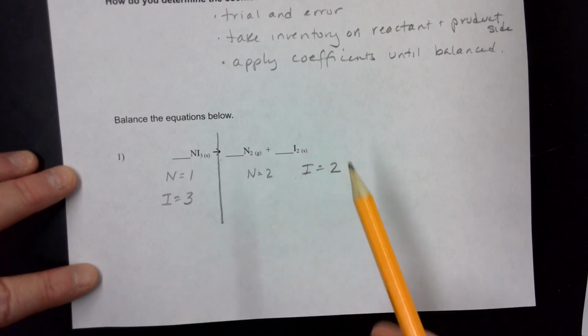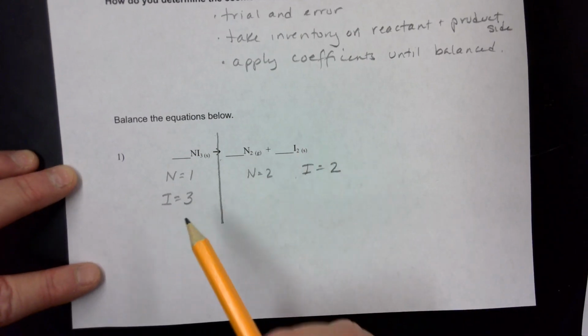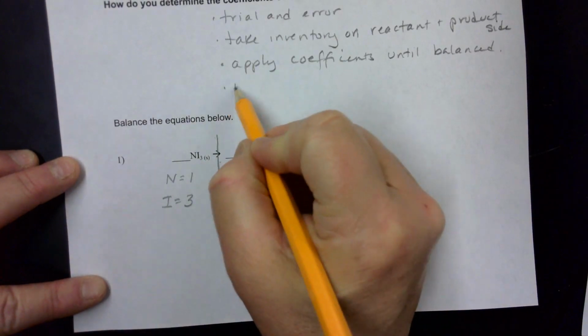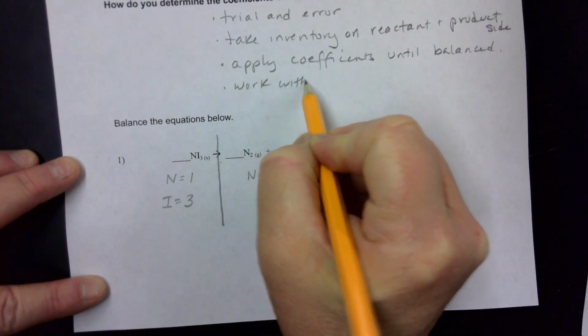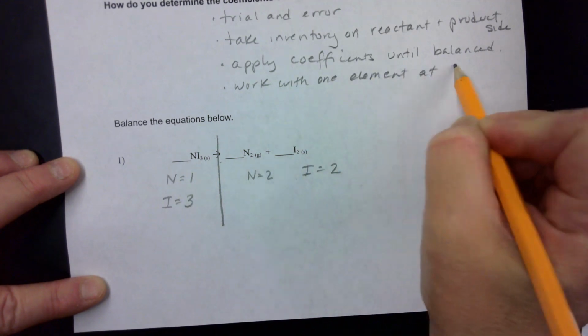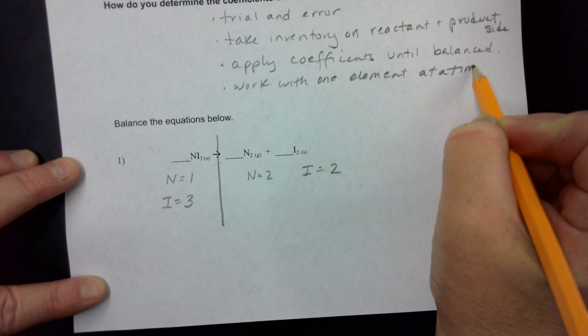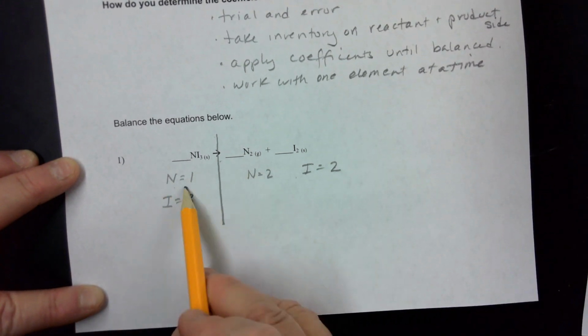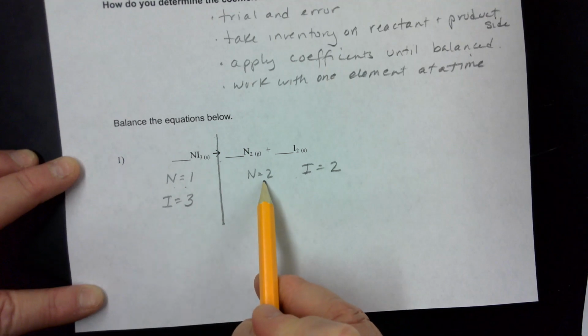So let's start with, another piece of advice that I'll give you is work with one element at a time. So I'm going to look at nitrogen, and I see that I have 1 nitrogen here and 2 nitrogens here.